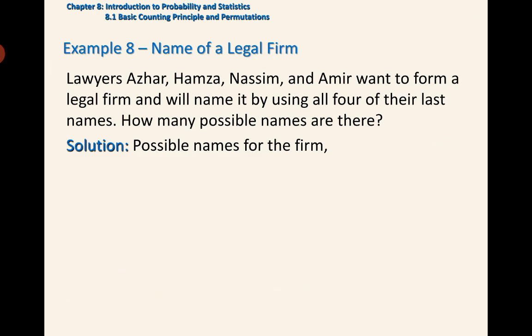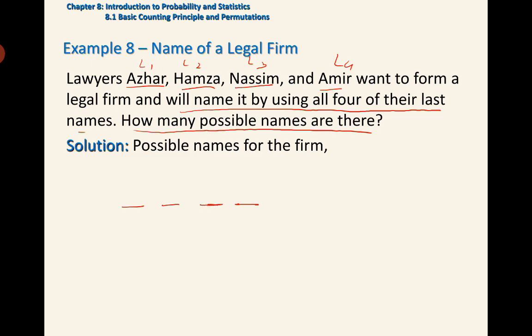Let's take an example here. Lawyers Azhar, Hamza, Nasim and Amir want to form a legal firm and will name it by using all 4 of their last names. So each one has a last name, last name 1, 2, 3 and 4. How many possible names are there? We cannot repeat one name twice, isn't it? Therefore, there are 4 possible words, as there are 4 possible last names.